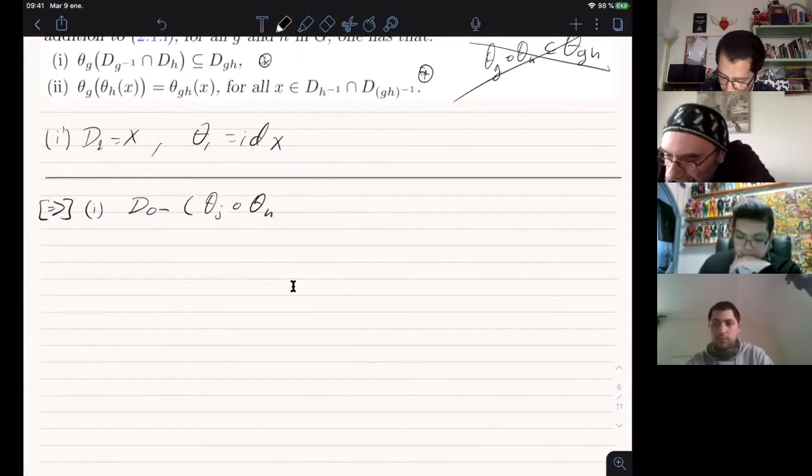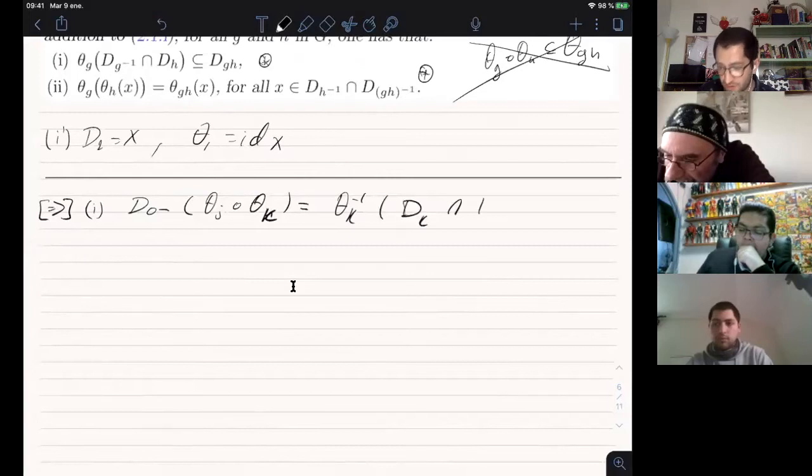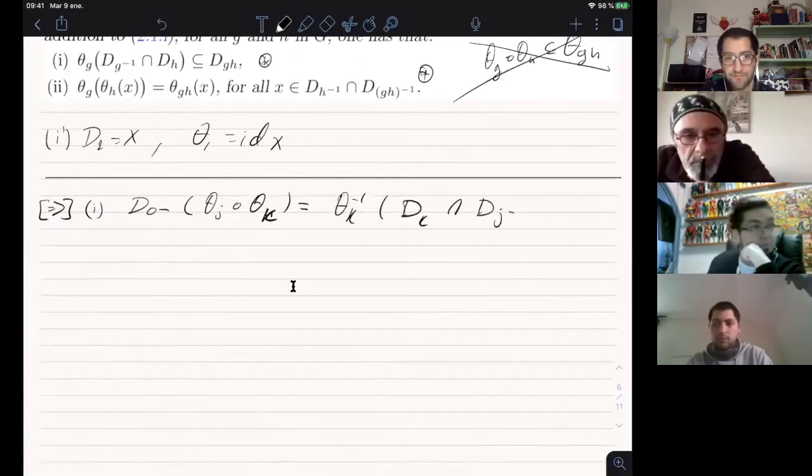And then the domain of this function is going to be theta j k, I'm sorry, j k, k minus 1, D_k, intersected with D_{j minus 1}.